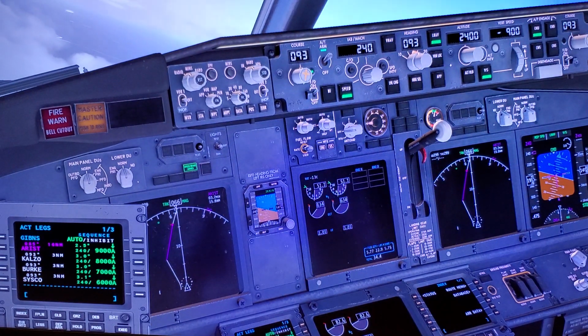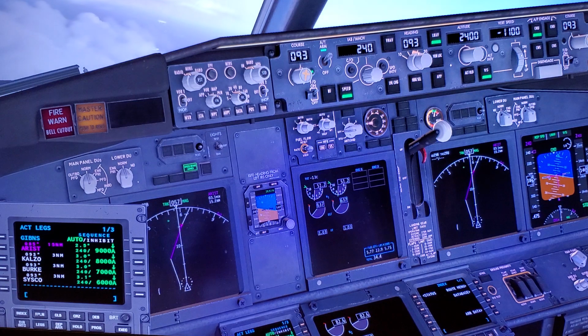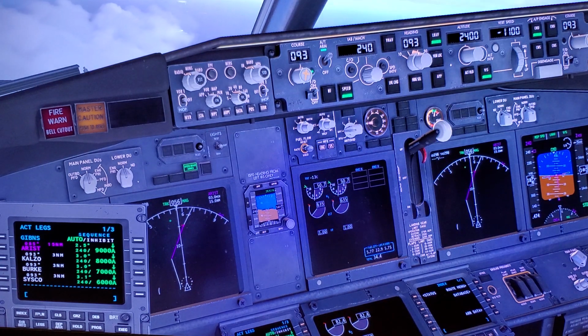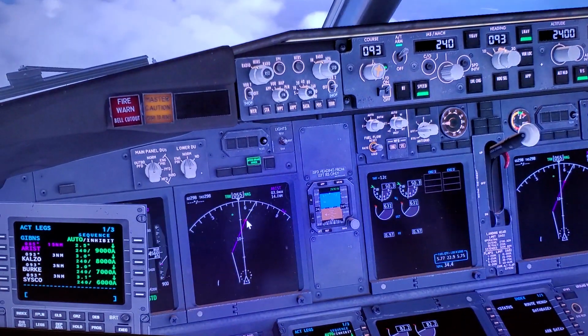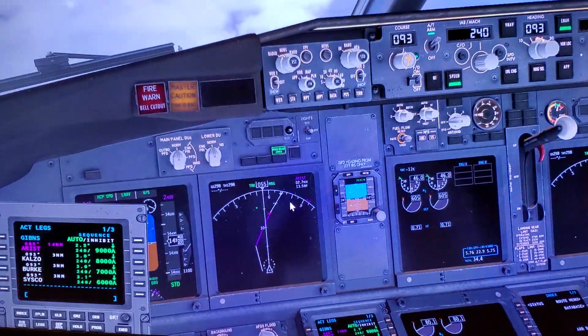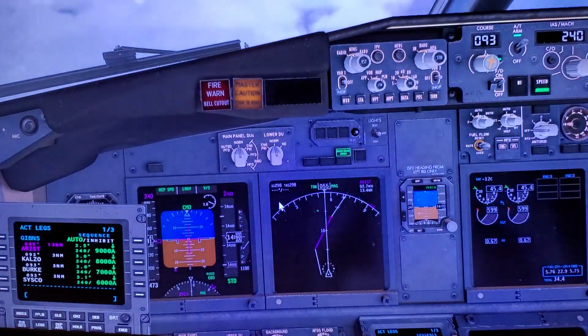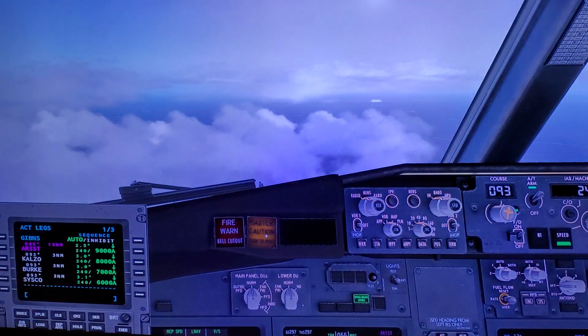I increase my descent rate a little bit to be sure I will be here at 9,000. If I'm lower or higher, basically I will change the rate of the descent. For now I'm at 14,000, just watching that.